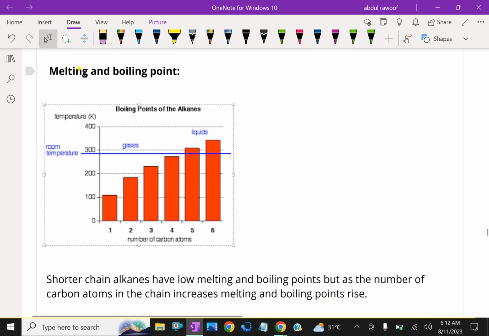Look at this melting point and boiling point graph. The number of carbon atoms is on the x-axis, and the temperature is on the y-axis. The boiling point of alkanes increases with an increase in the number of carbon atoms.